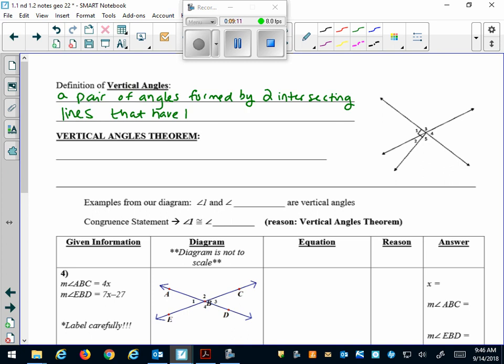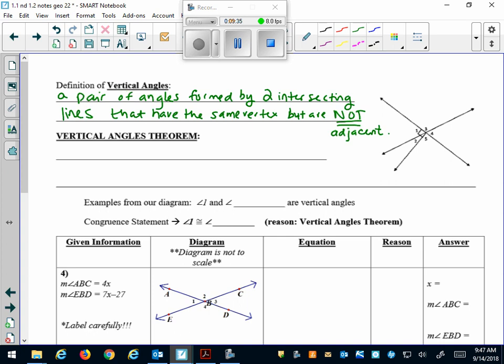that have the same vertex but are not adjacent. So they're not next door neighbors, they are across from each other.